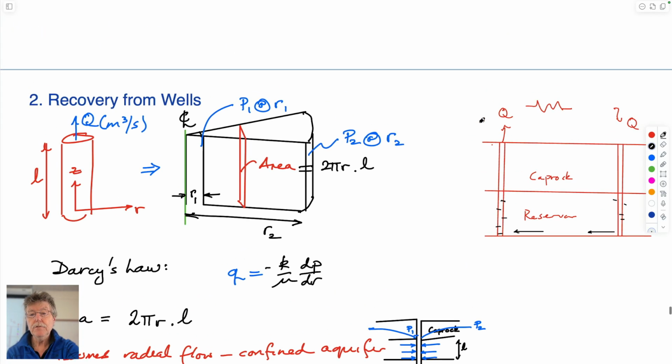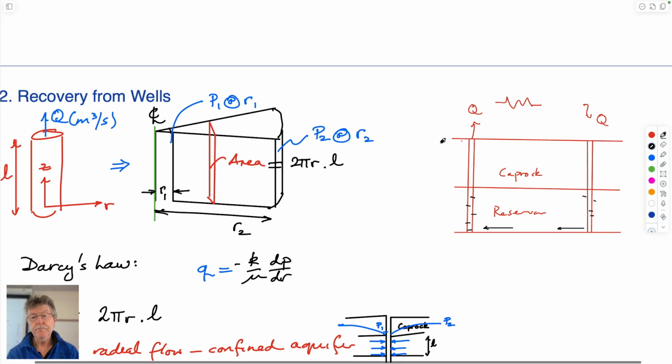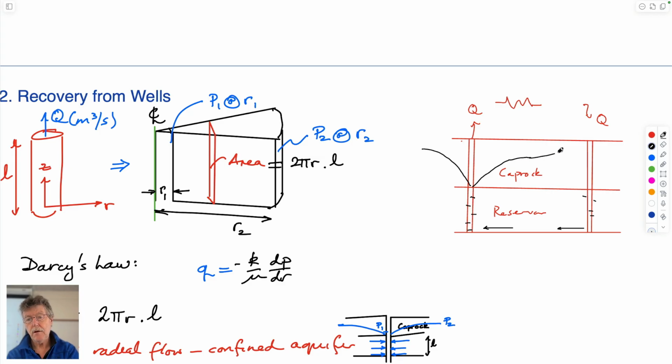And if you look at the pressure distribution, it's not very good. You get drawdown, so this might be the original water level or pressure level within the cap rock.